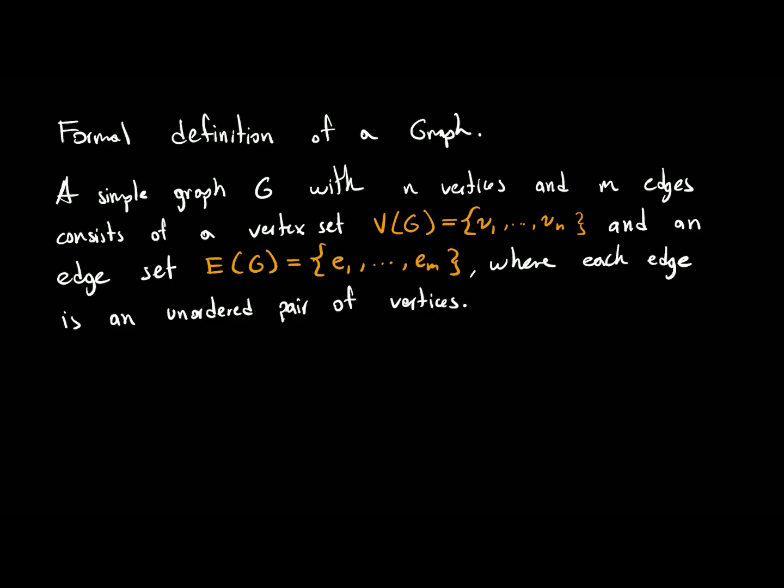When we say unordered, it is that if we have an edge with vertices, let's say V sub 1, V sub 6, then this edge consists of vertices V sub 1 and V sub 6, and vice versa. V sub 6 and V sub 1. Now, formally, we write UV for the edge with vertices U and V.